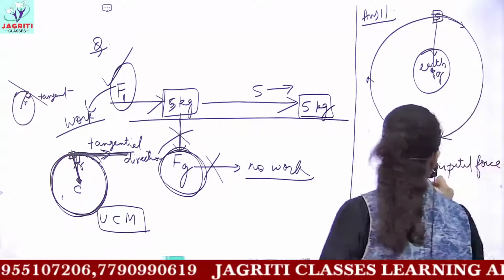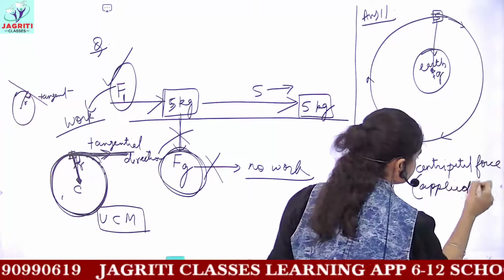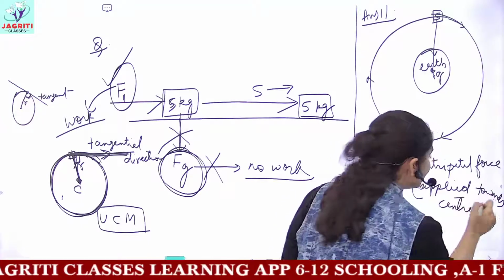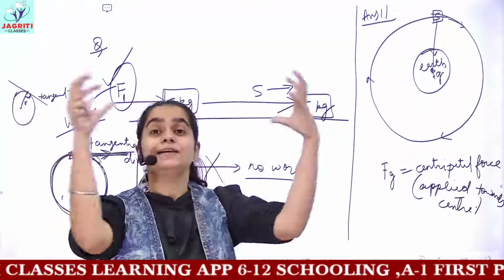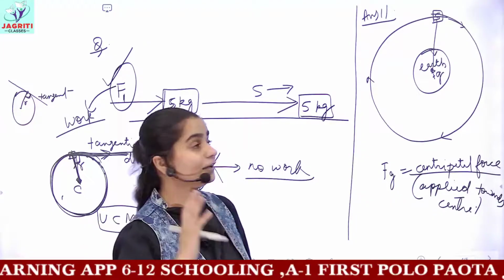Centripetal force is a kind of force which is applied towards the center, so this force is applied towards the center of the earth. Gravity attracts everything towards the center, hence it can be called a centripetal force.